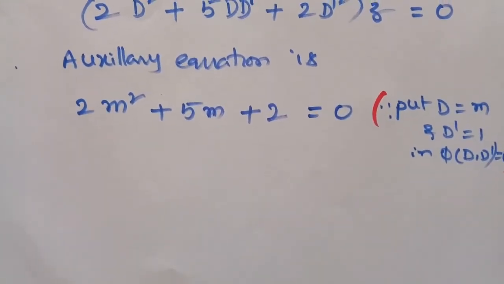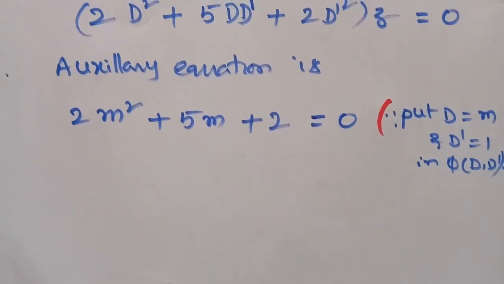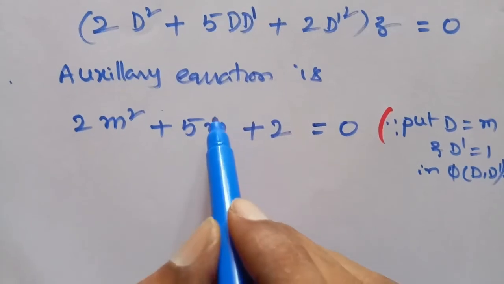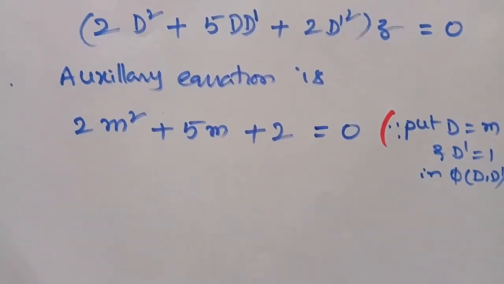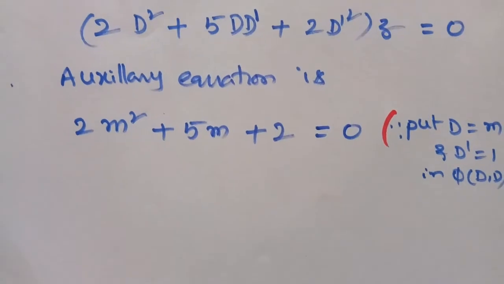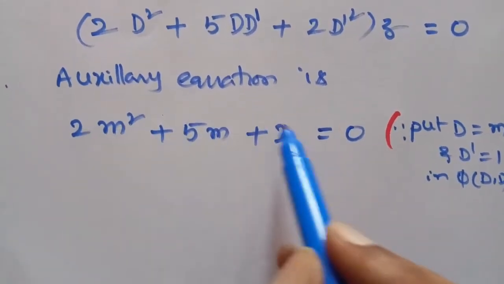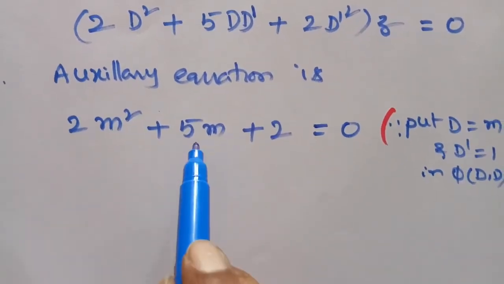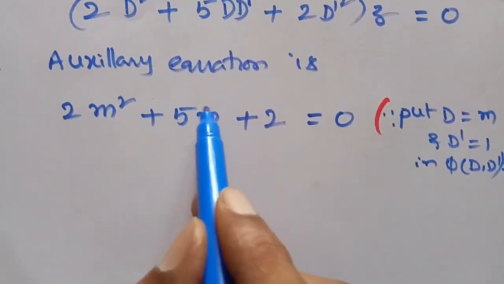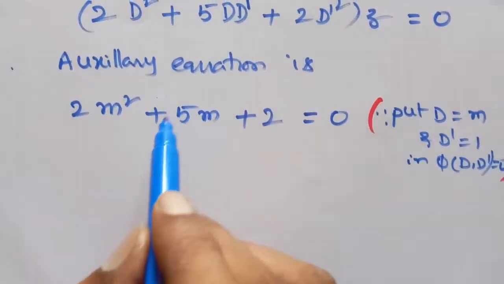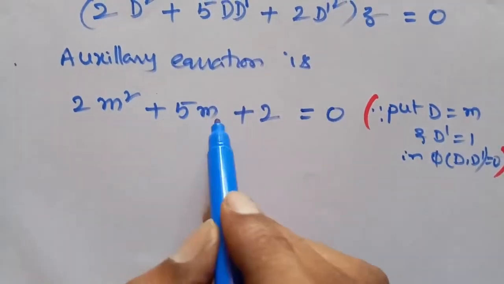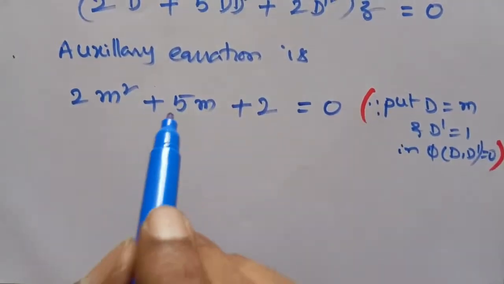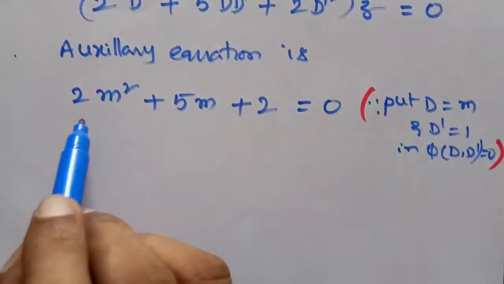Method of factorization means we have to split this 5m into two parts such that the product must be equal to 2m² into 2, that is 4m², and the sum must be equal to 5m.